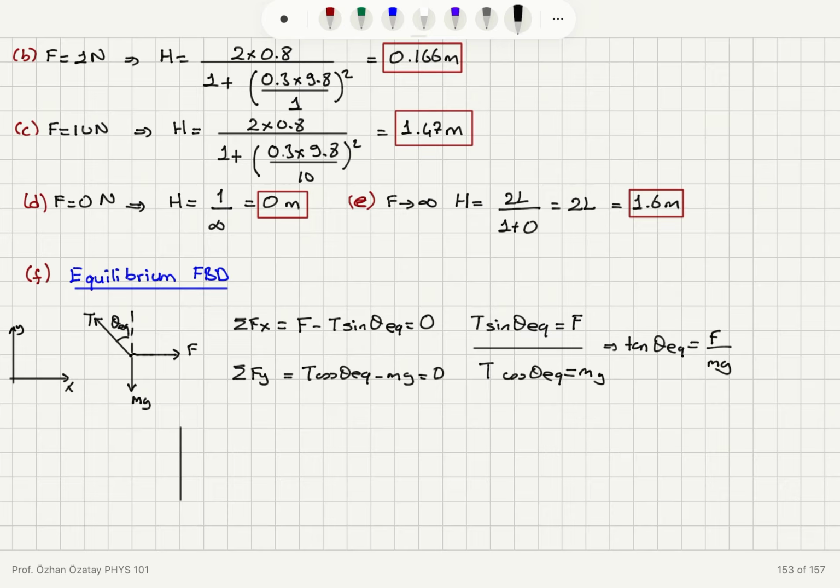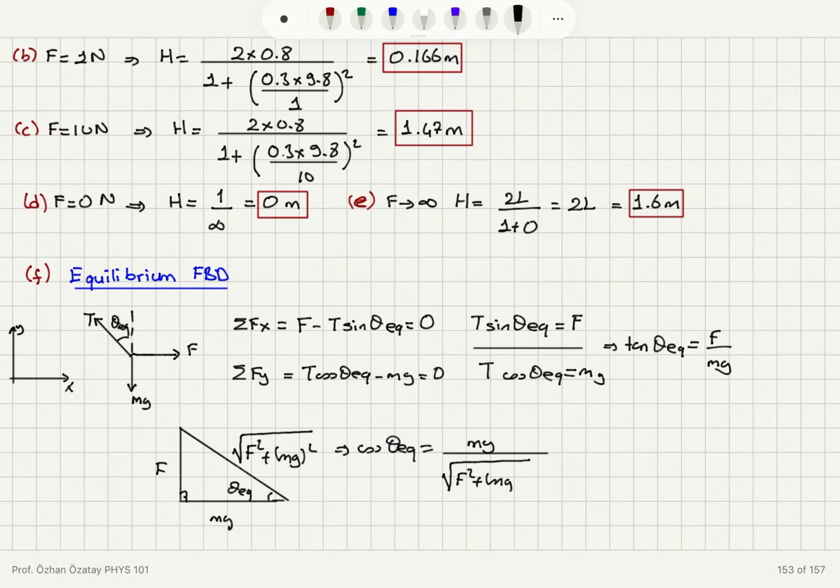So if I draw a right triangle here, this is F, this is mg, here is theta equilibrium, and this hypotenuse is the square root of F squared plus mg, parentheses squared. I find that cosine theta equilibrium is equal to mg divided by the square root of F squared plus mg squared.